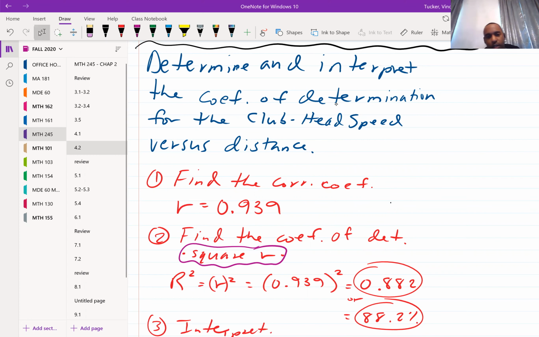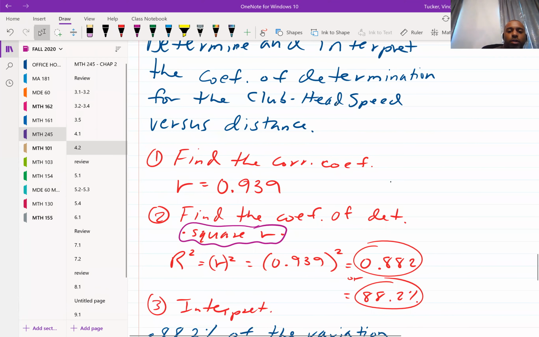All you do is move your decimal 2 places to the right. All right, so everybody good? So that's all the calculation calls for.